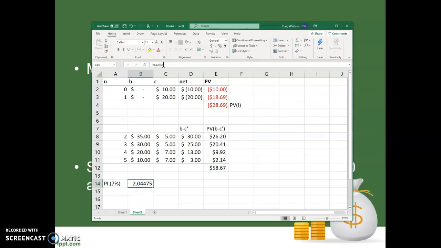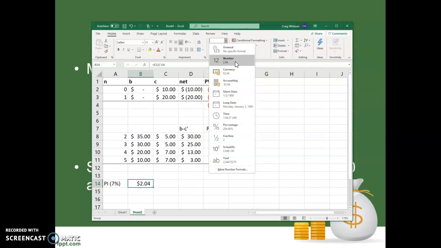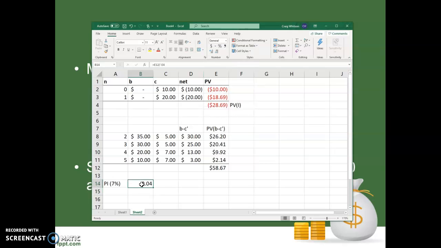And I don't really need that to be negative, but I do need it to be a number rather than a dollar amount. So there we go. 2.04 is the profitability index of this project at a 7% rate.